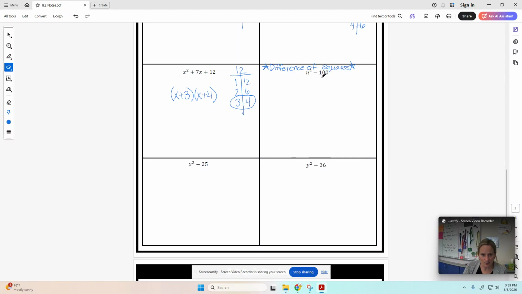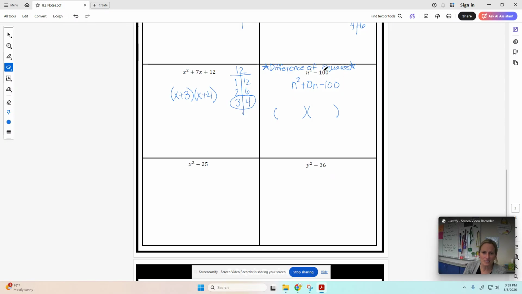One way that can help you understand how we're going to factor these is this is the same thing as if I had n squared plus 0n minus 100. 0 times anything is 0, it's gone, so I don't have to write that middle term, but technically this is what's going on here. So I'm still going to end up with a binomial times a binomial.